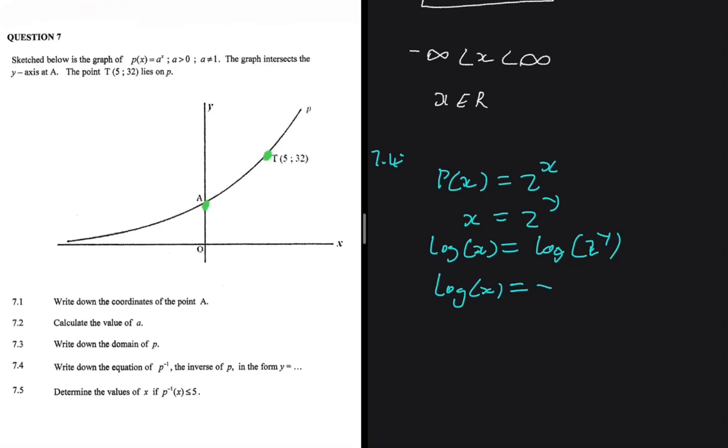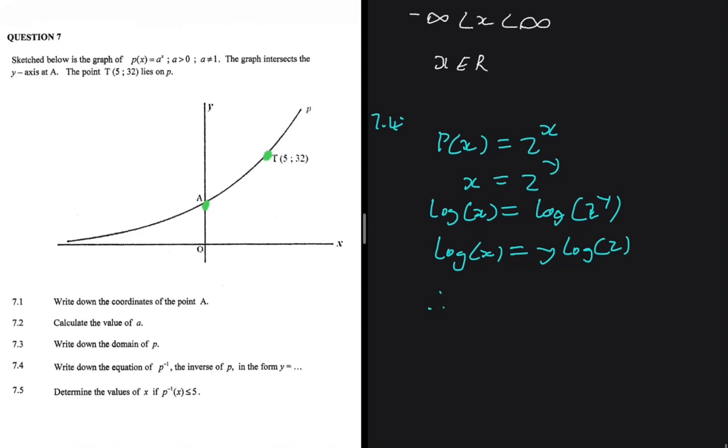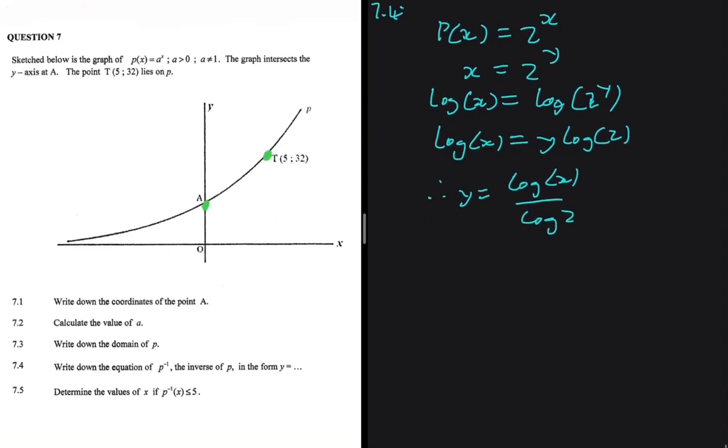So we're going to have y multiplied by log of 2. It's easy to see now that we're just dividing both sides by log of 2. So if we do that, we're going to get y is equal to log of x divided by log of 2, right? And we can further simplify that into log of x base 2, right? And just like that, we have our inverse in the form y equals.